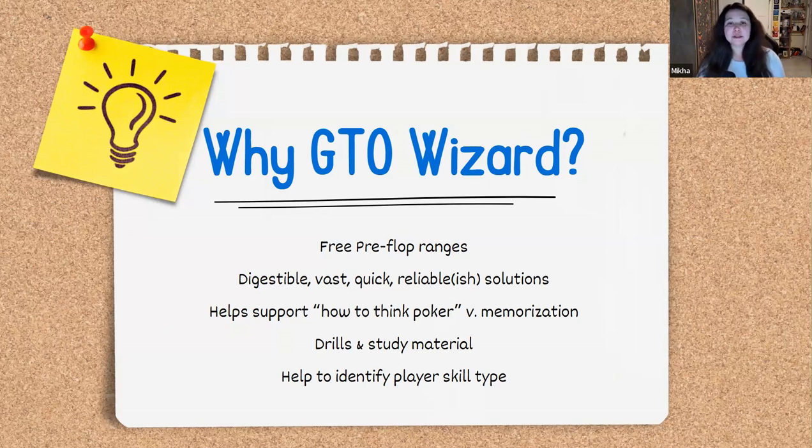But because I have built up and repeated these exercises through using GTO Wizard, I'm seeing so many mistakes that other people are making that I can quickly identify where my villains' opportunity areas are.